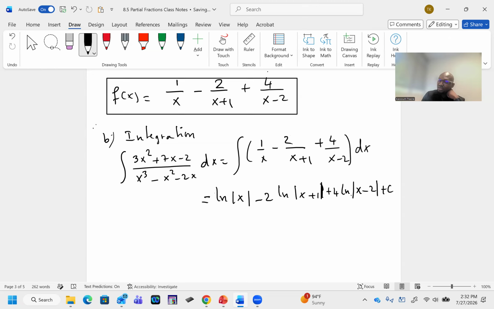And that's it. If you want, you can use the properties of ln to condense this.